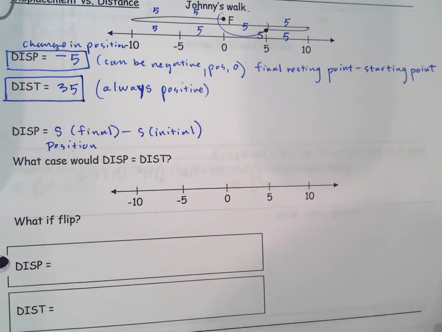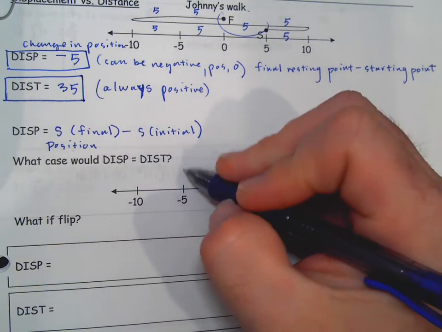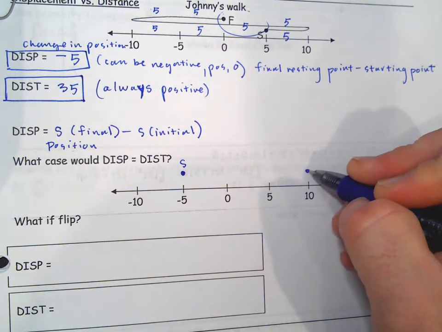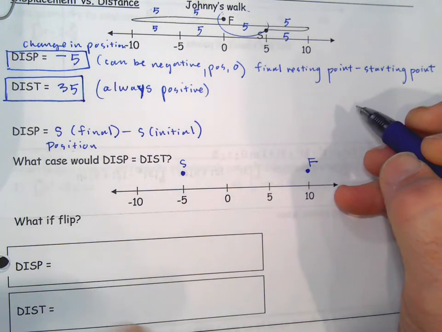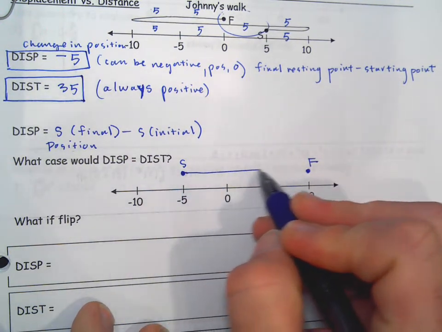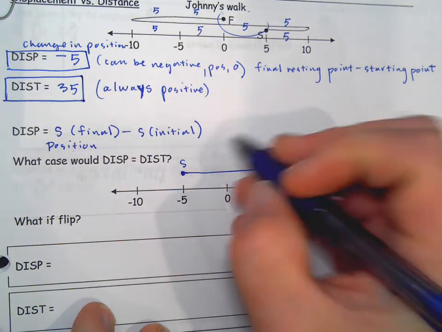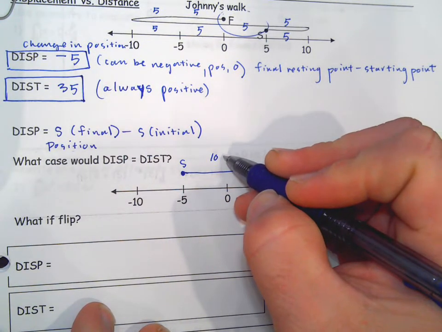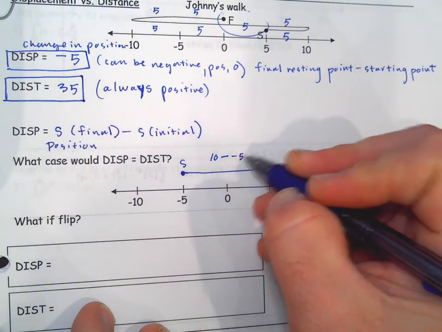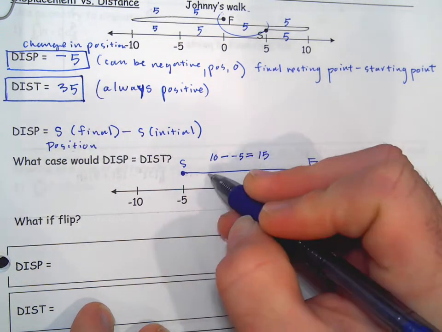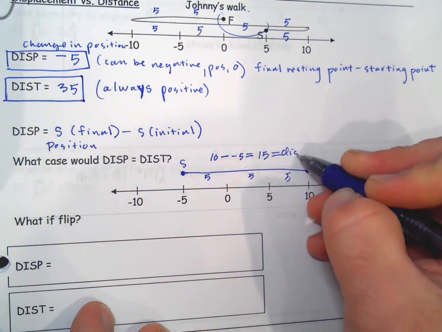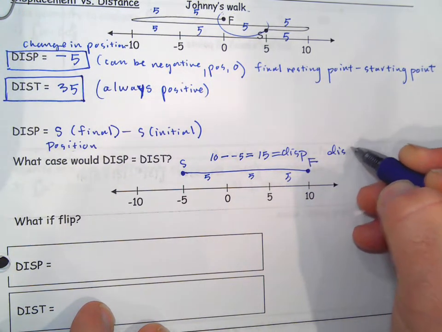For instance, if we started here and we ended here and we never changed direction, displacement would be final spot minus initial spot, which would be 15, which would also be your distance. Your distance would equal 15.